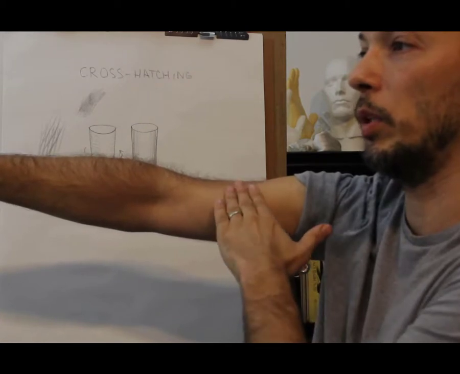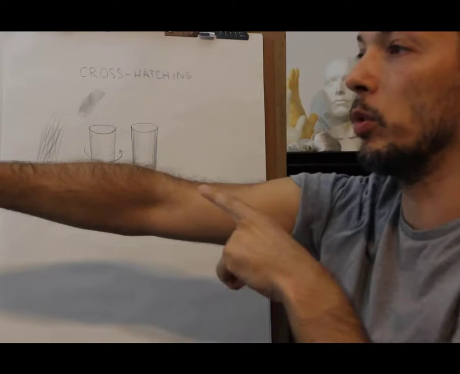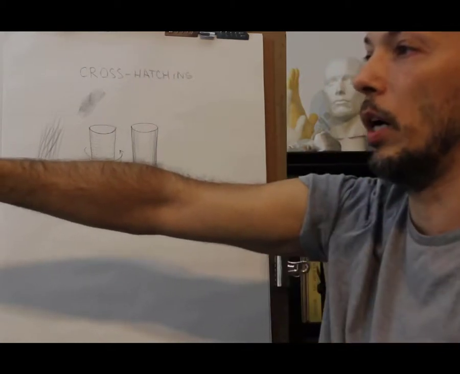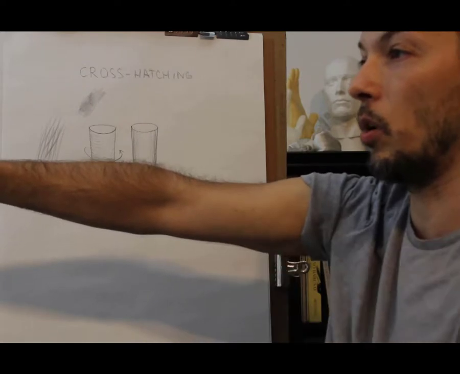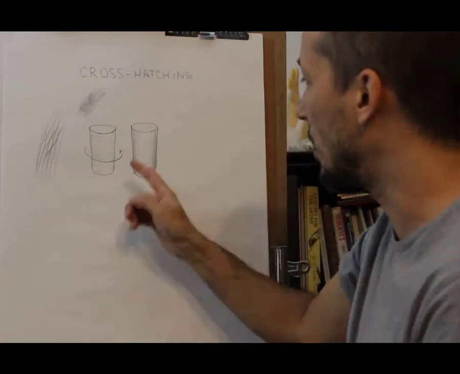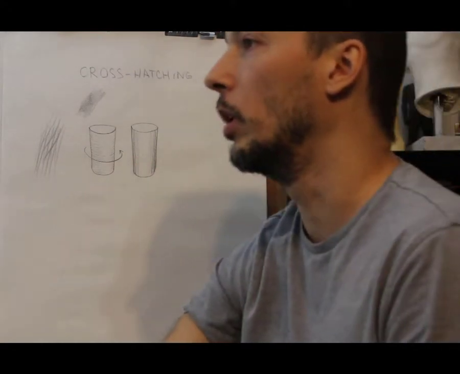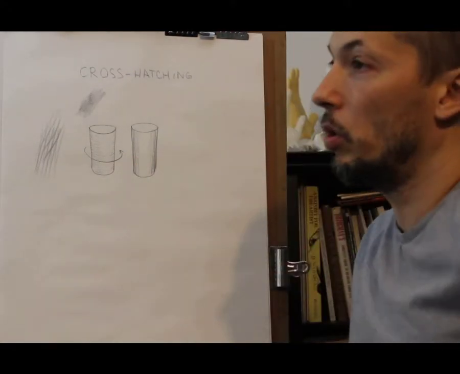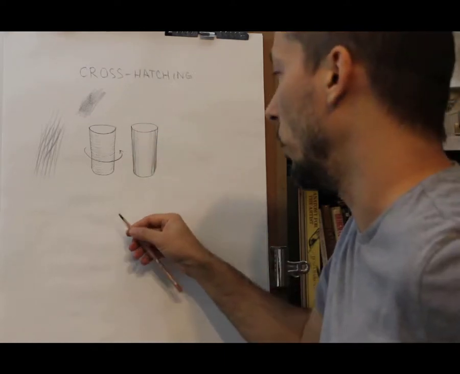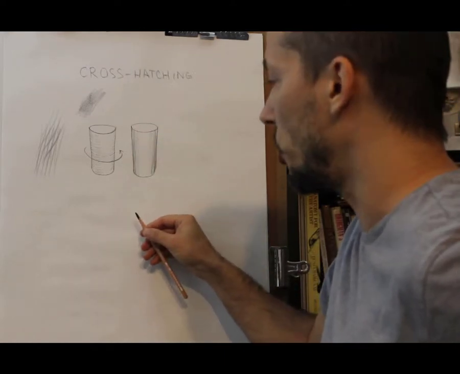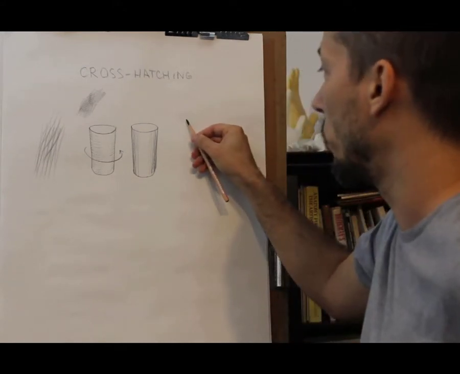It's because this plane is faced in such a way that the photons bounce right off towards your eye. And as it comes to the edge, it does get a little bit darker. So we're showing this idea of turning of the form, and that's what we're trying to suggest. So you can do that with a cylinder, you can do that with geometric forms, but you can also do it with organic forms.